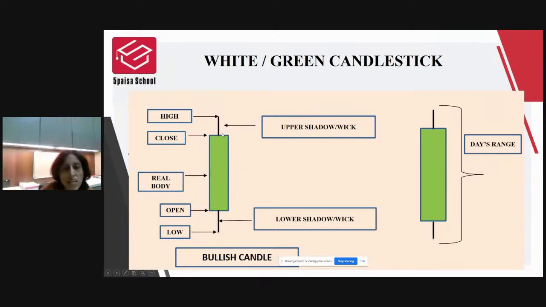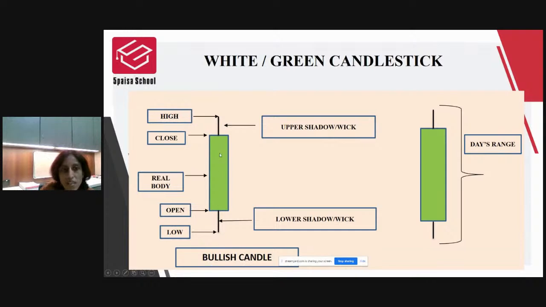This line which you can see is referred to as the upper shadow, or commonly called the wick. The one at the bottom, this extended line, is referred to as the lower shadow or the lower wick. Essentially, this refers to a bullish market sentiment, and this is called a bullish candle.